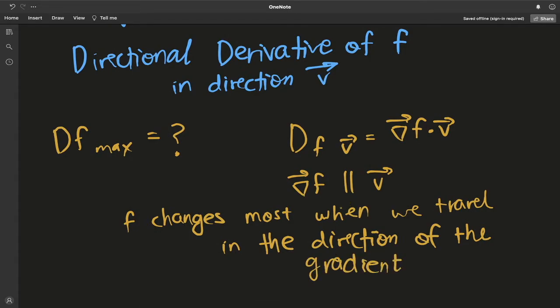And this change is positive because if they're parallel, the angle between them is 0, the dot product will be positive. But if they're anti-parallel, then the dot product will be negative. So f increases most when we move in the direction of the gradient. So the gradient is sort of giving you the path where you can increase your height the fastest.